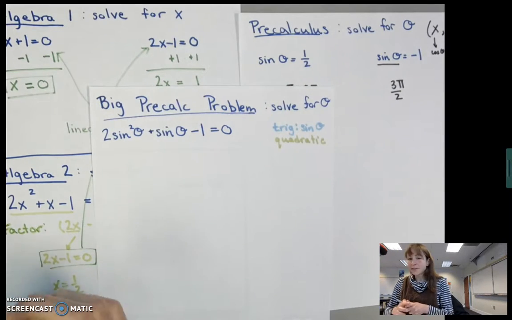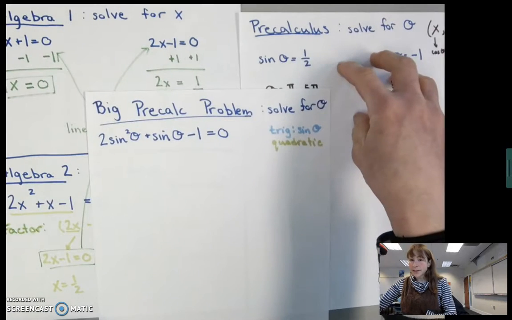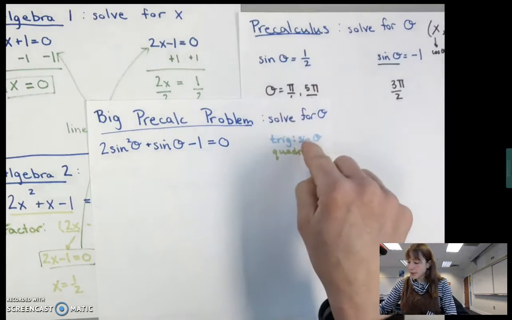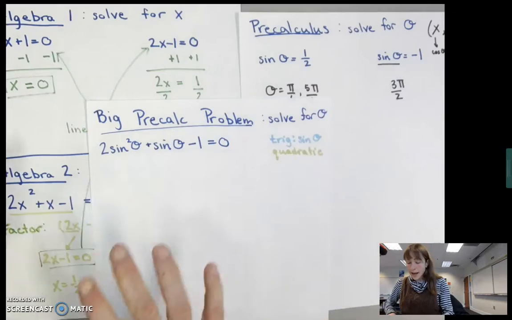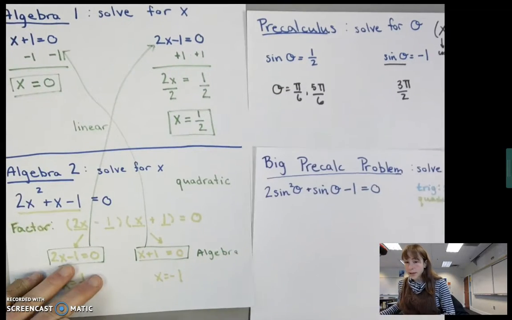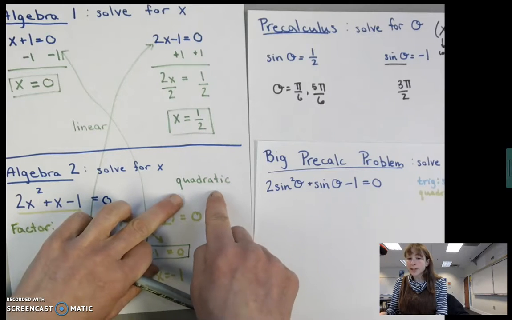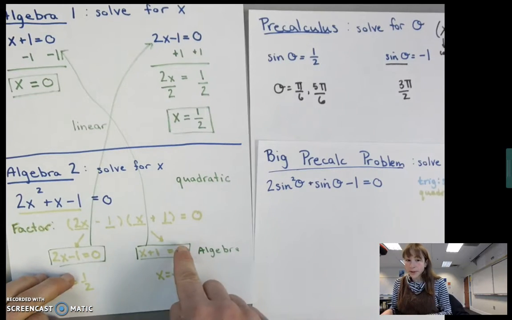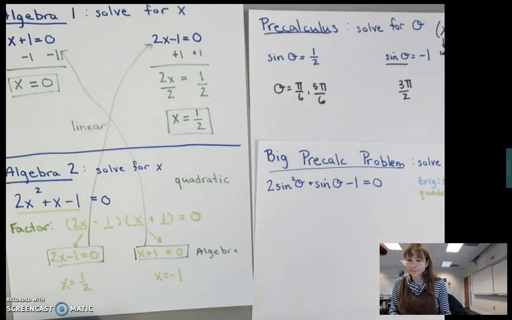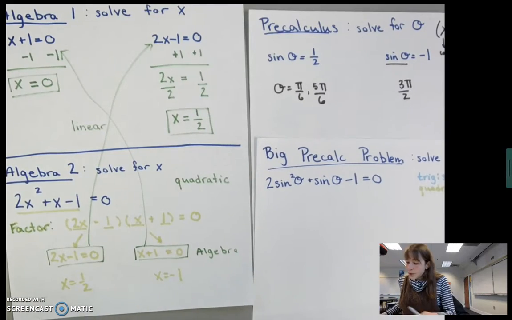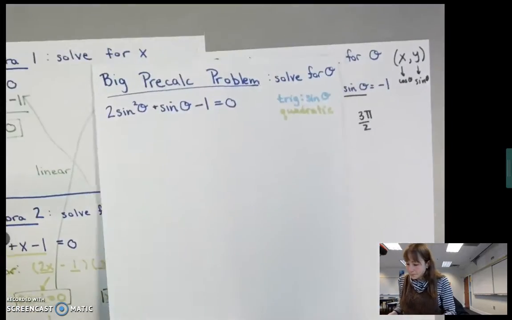And so I'm going to have to use my pre-calculus skill at some point to deal with the sine of theta. I'm going to have to use my algebra 2 at some point to deal with the quadratic, and we know that whenever we deal with quadratics, eventually they boil down to linear functions. So let's work this out.